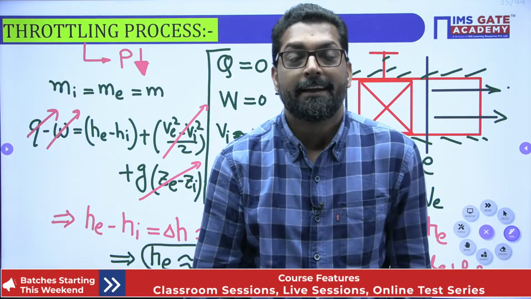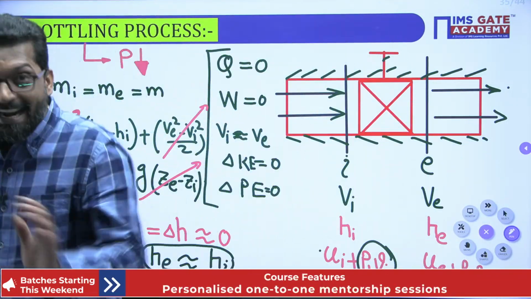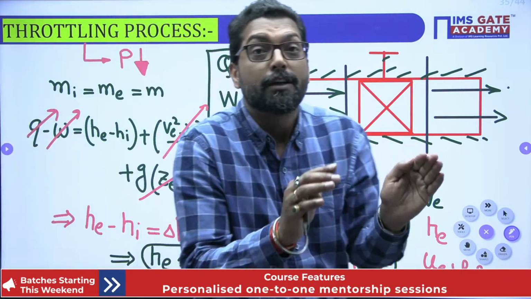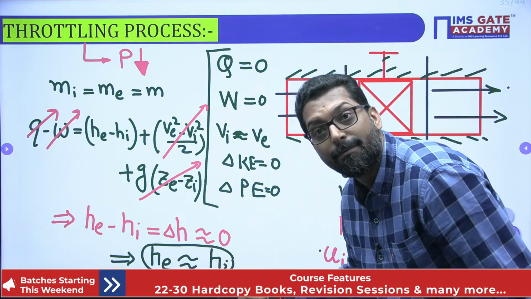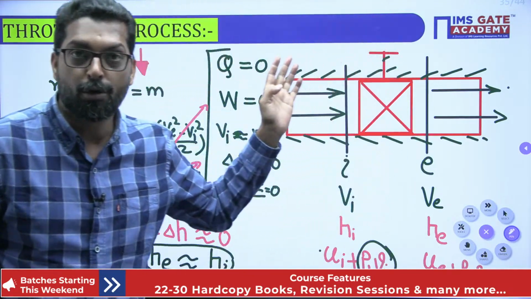Enthalpy at inlet. Okay. That means you successfully reduce the pressure with no sacrifice of the energy. The energy will be the same. That is the main advantage of the throttling.